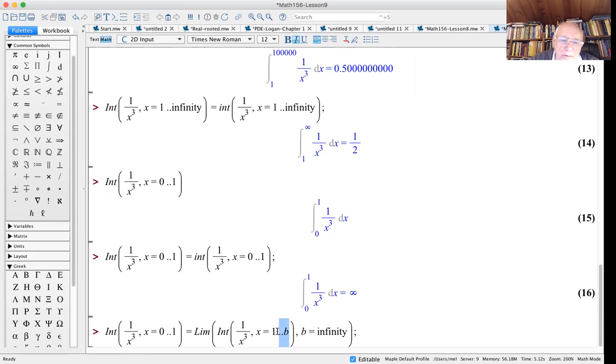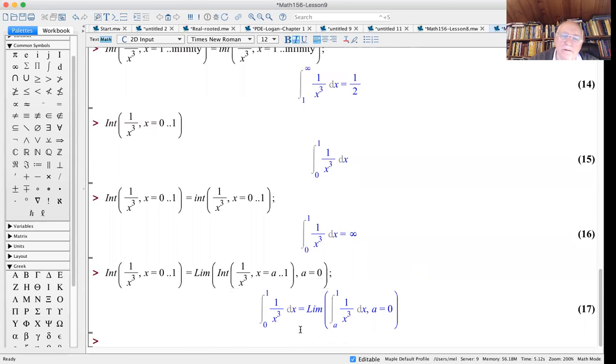You would take the limit of the integral from a to 1 as a goes to 0. This is how you define this kind of improper integral. You go a little bit to the right, you take some positive a, you compute the integral from a to 1, and then you take the limit as a goes to 0.